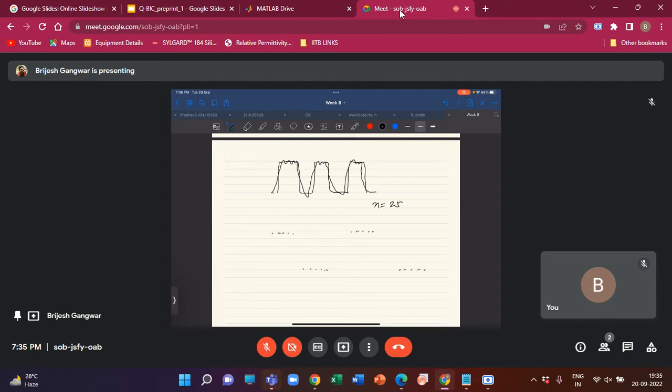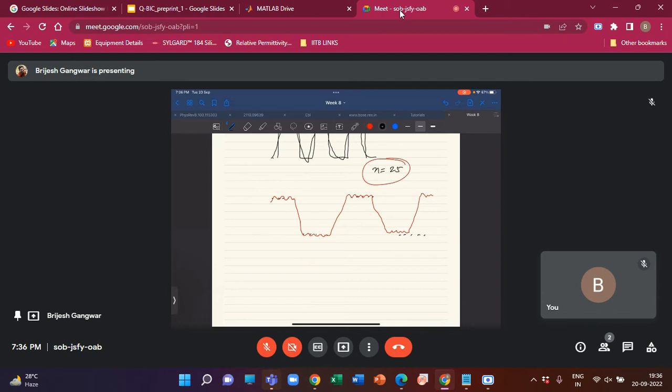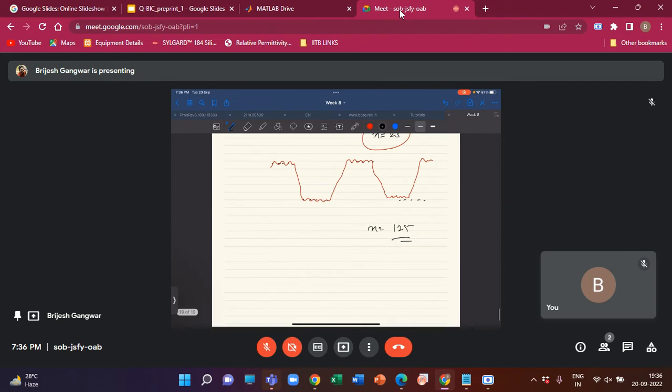Due to this Gibbs phenomenon, the square wave will look like that. But if you increase the number n to, let's say, 125, it will converge like this.